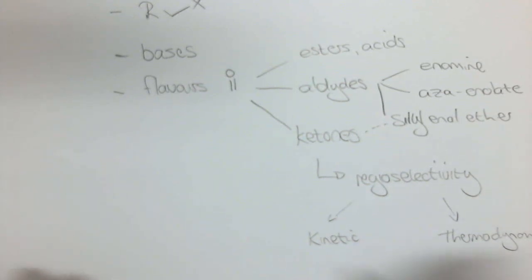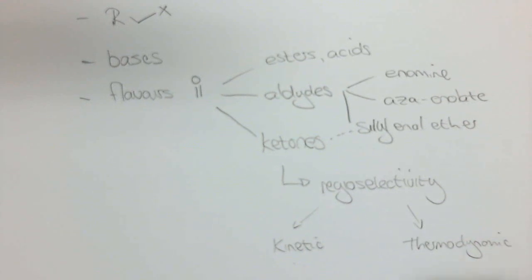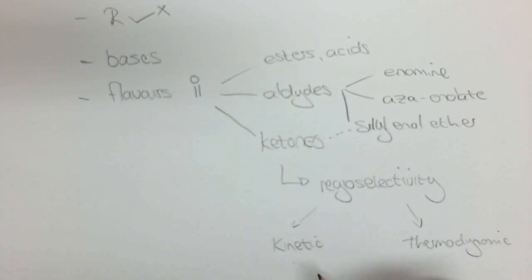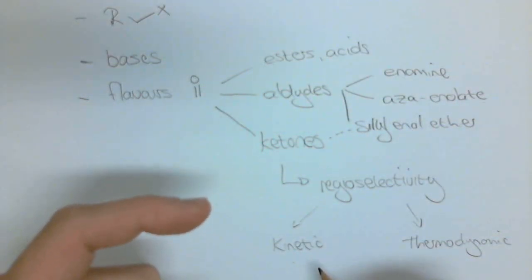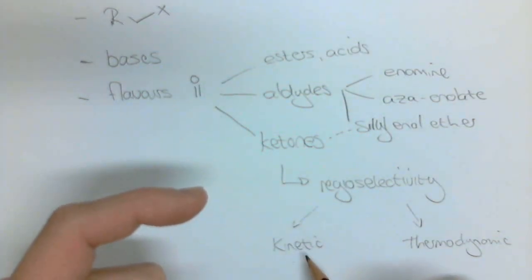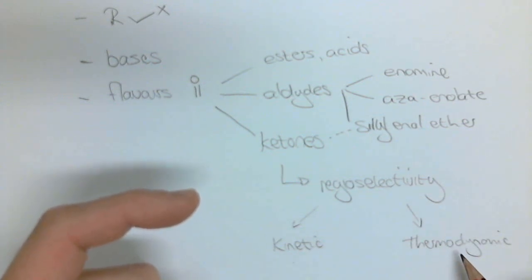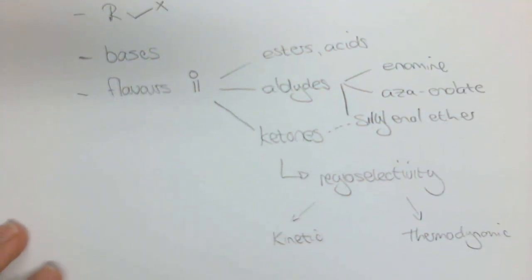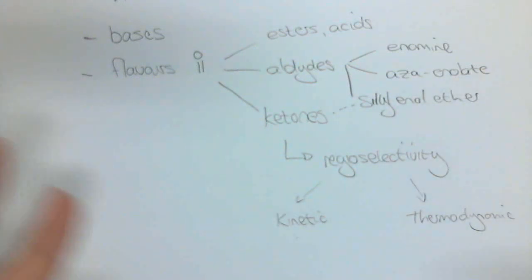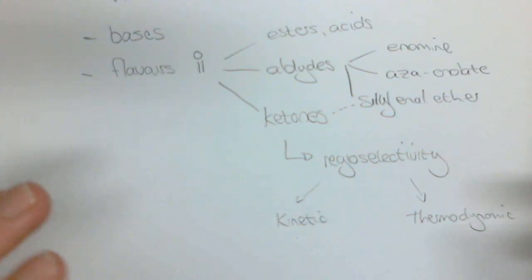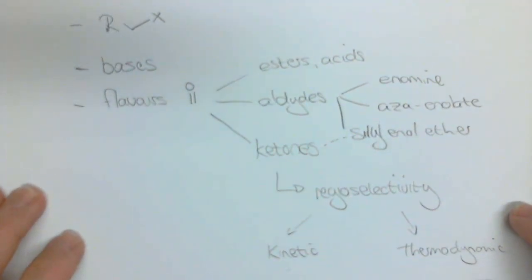So this is quite a bit of work here. The kinetic enolates are generated under very cold conditions with strong bulky bases, and it's non-equilibrium conditions. The thermodynamic enolates are generated at, I say not high temperatures, because it could be at room temperature, but temperatures higher than say 20 degrees, equilibrium conditions, and using fairly mild bases.